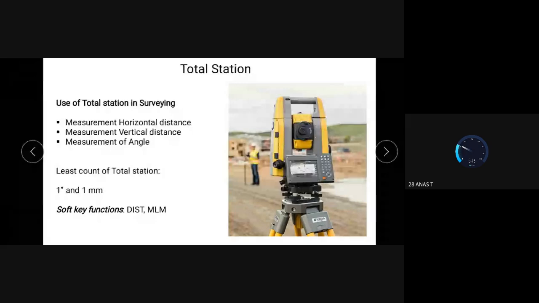So using the prism pole we get the reflected rays, and the point A will be identified. And if you are pressing the DIST button, then you will get the distance between OA. Hope you understand.